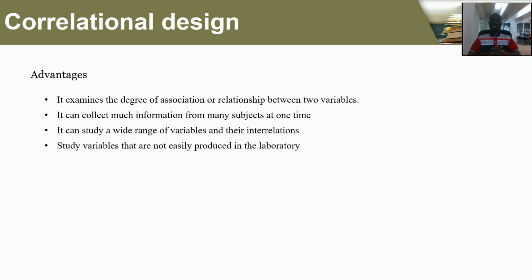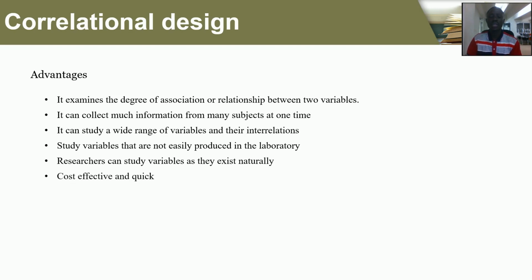It can also study variables that are not easily produced in the laboratory, in a sense that it can study phenomena either naturally or at the laboratory. It can also be cost effective and quick, as it can help you to study a wide range of variables at a particular instance.